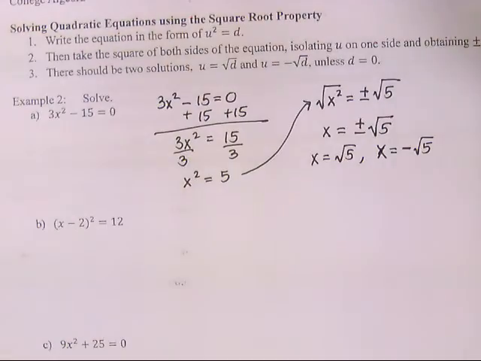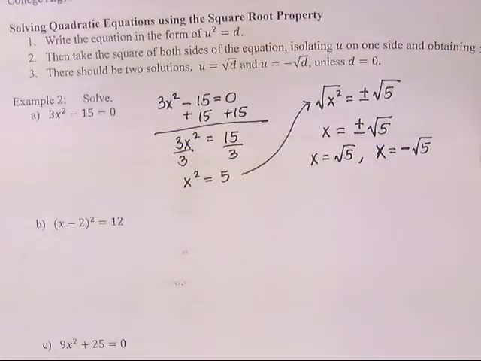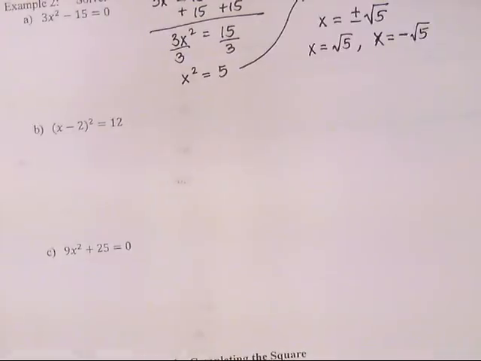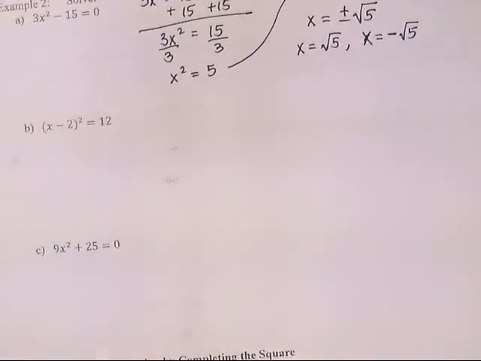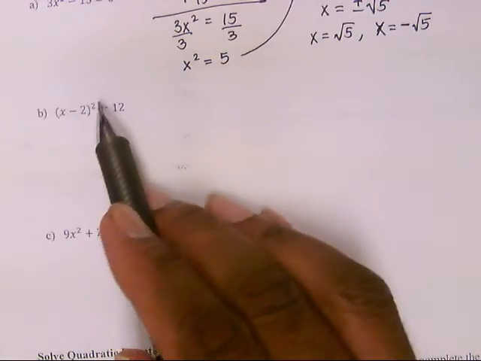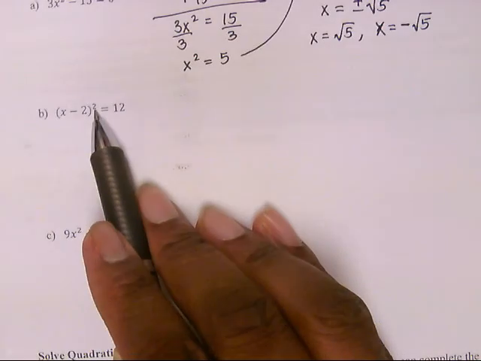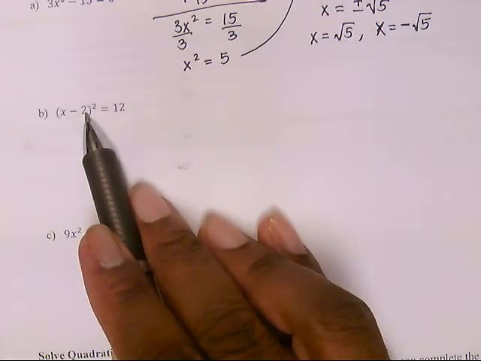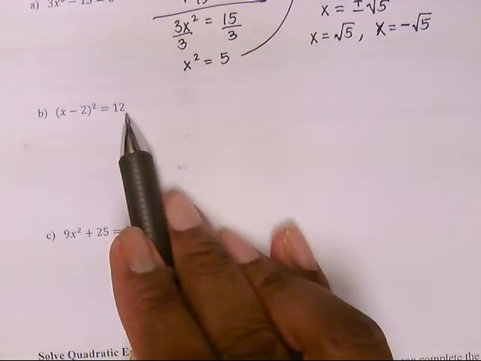Okay, now part B. X minus 2 quantity squared is equal to 12. And we're going to solve this using the square root property. Well, first of all, I see a square in front. Because you have to think of this: you're taking x, subtracting 2 from it, and then you're going to square it to get 12. Well, here we're going to do the reverse.